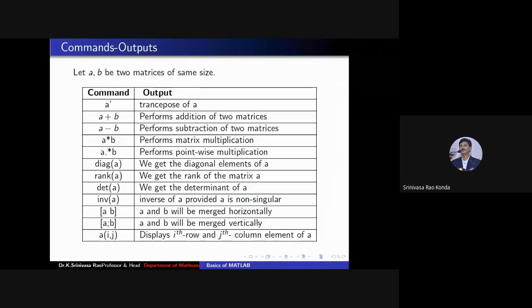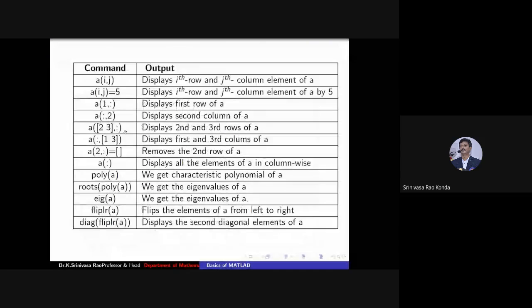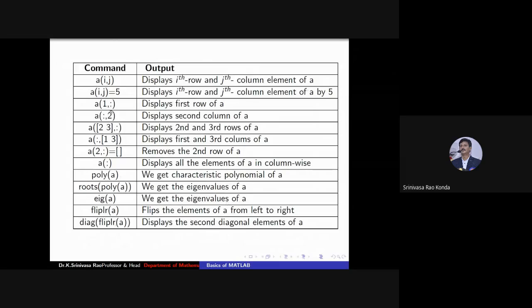The ij element, the ith row jth column element, will be displayed. First row will be displayed, second column, second row, third row will be displayed. First column, third column. If you give this one, the second row is removed.